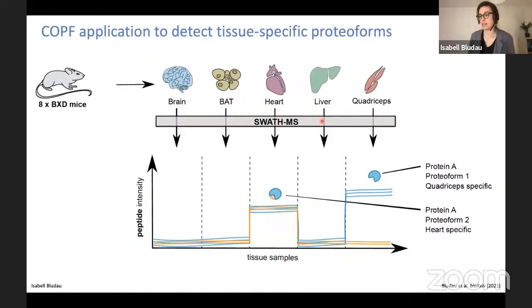Otherwise the complex-centric analysis workflow doesn't necessarily work very well. The other thing is that you need quite some material from the experimental side to perform a full-blown SEC-SWATH-MS experiment. I think it works already fairly nicely, and we could do it with tissue samples, for example, as well. But overall, you need quite some amount.